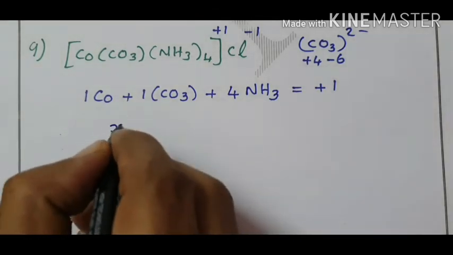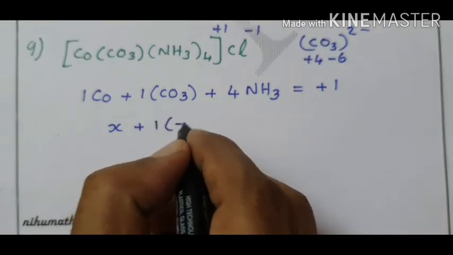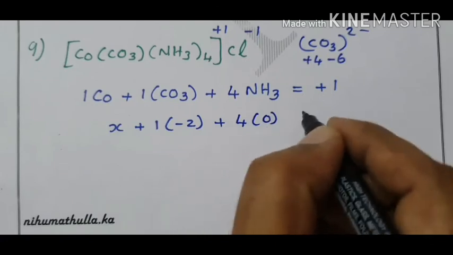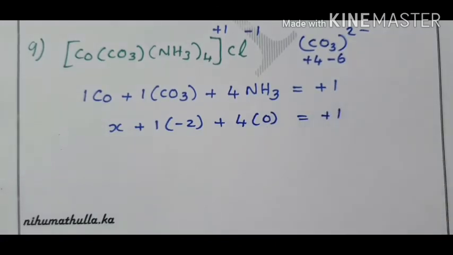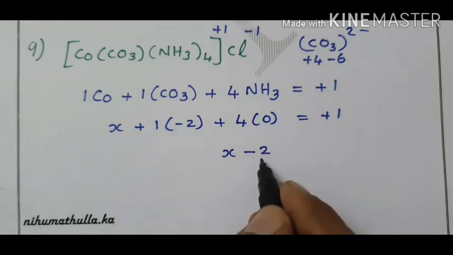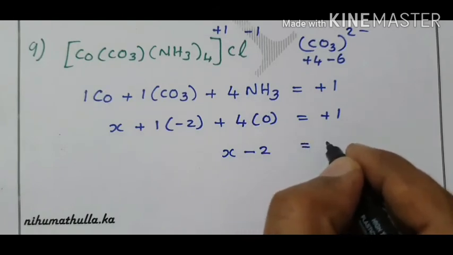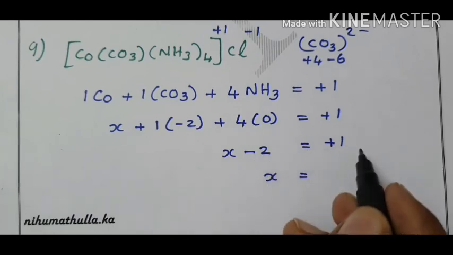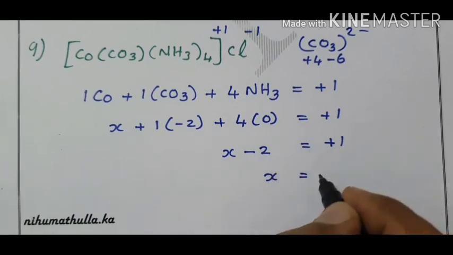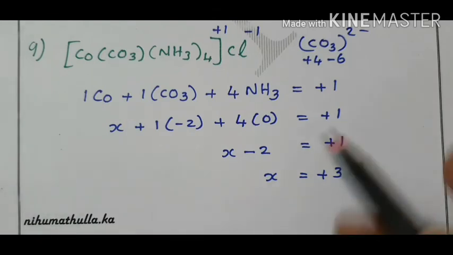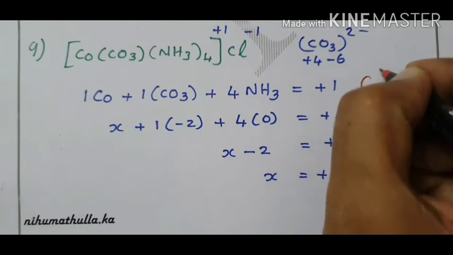Cobalt X plus 1 into minus 2 plus 4 into 0 for the neutral amine ligand equal to plus 1. X minus 2 equal to plus 1. Bringing minus 2 to the right hand side, it becomes plus 2. 2 plus 1 equals plus 3. So cobalt is a 3 plus ion.